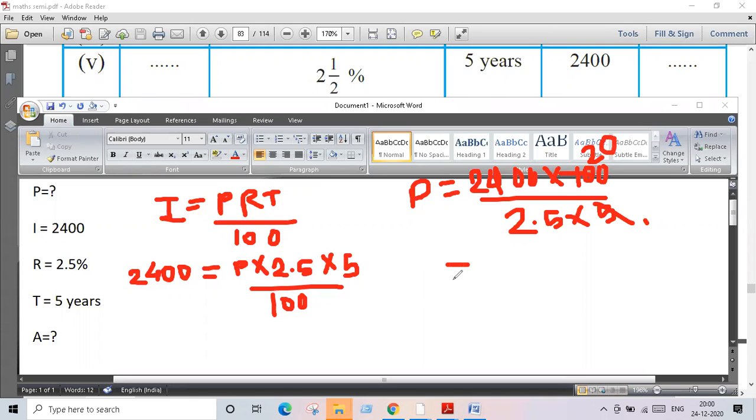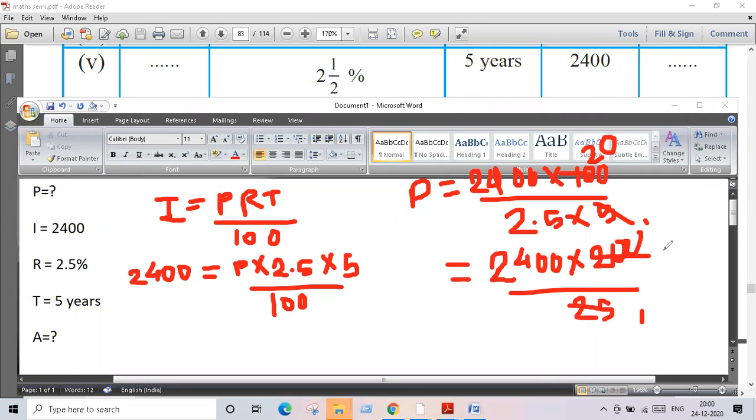Then it had 2.5. I have told you how to remove the decimal point: we have to take one more zero in the numerator. So it will be 200 upon 25. By division it will be 8 here. So multiply 2400 into 8 and you get the answer.